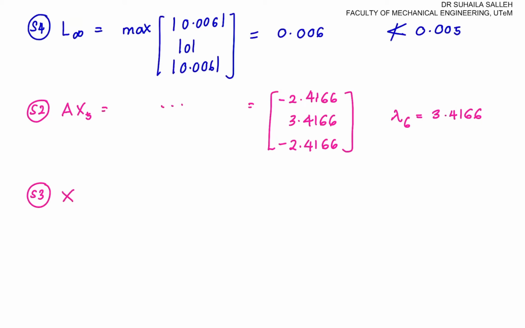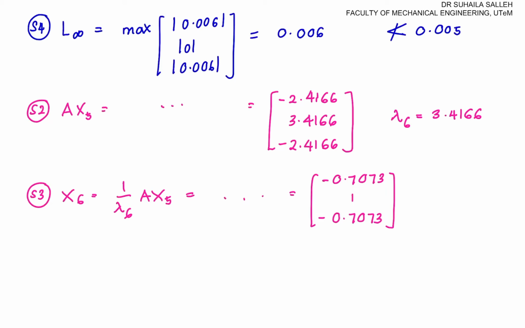Okay, so our step 3, we find x6. So 1 over lambda 6, ax5. Okay, so now here we obtain minus 0.7073, 1, minus 0.7073.